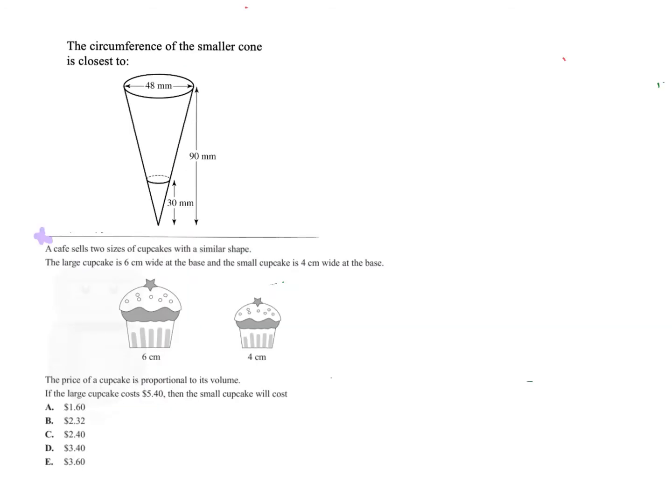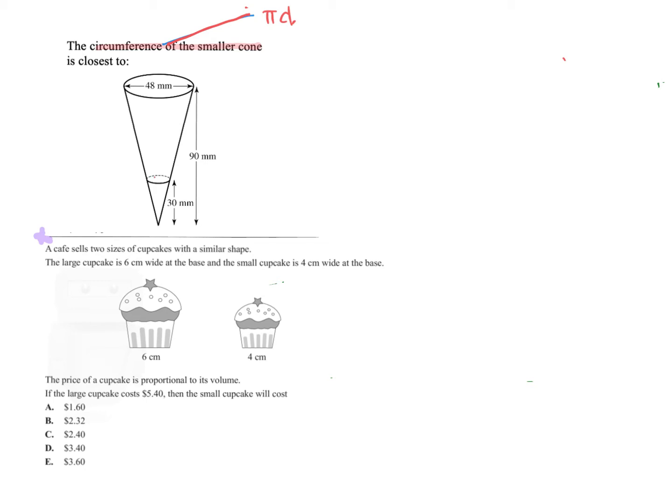Okay, so here in the question, they want the circumference of the smaller cone. Remember the formula for the circumference of a circle is pi times d. I'm using this formula because they're giving us the diameter in there.